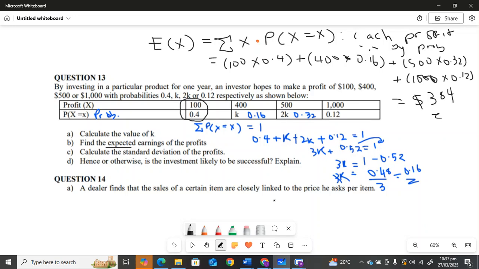So to get your standard deviation, remember, first you get your variance, which is basically standard deviation squared.